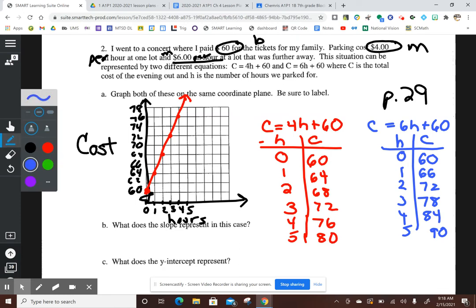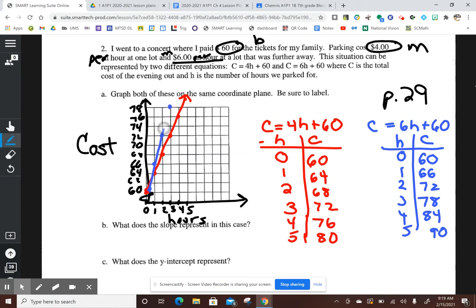Now the blue one, we'll start here, make that blue, and then 1 is 66, 2 is 72, 3 is 78, and it looks there. So what you can see from this line is that the more we go, the wider the difference between the two.